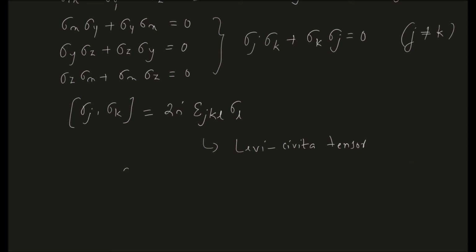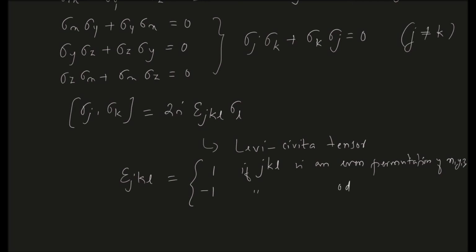It has values plus 1 if jkl is an even permutation of x, y, z, minus 1 if jkl is an odd permutation of x, y, z, or 0 if any two indices are equal.